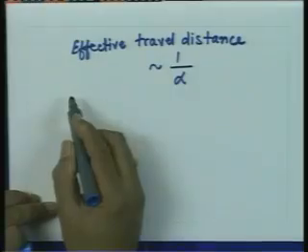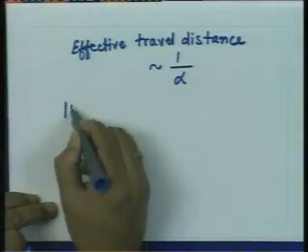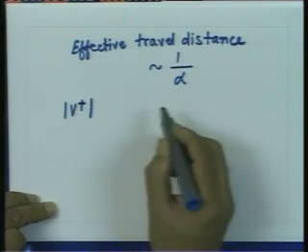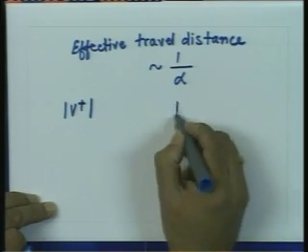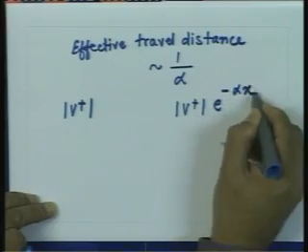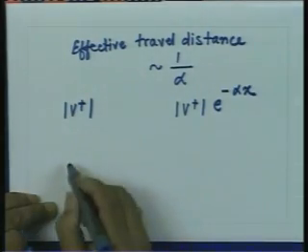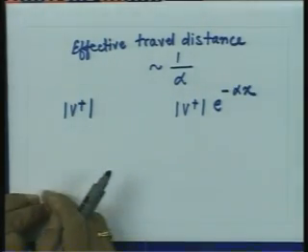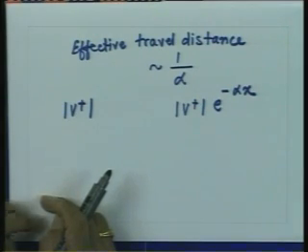Since the wave amplitude is reducing to 1 over e of its initial value, the power of the wave also reduces. So, I can represent this quantity alpha in terms of dBs. If I take the ratio of the two voltages, the initial value which is V plus and the final value after 1 meter distance which is V plus e to the power minus alpha x, you can define the ratio of these two, and that quantity I can call as dB.